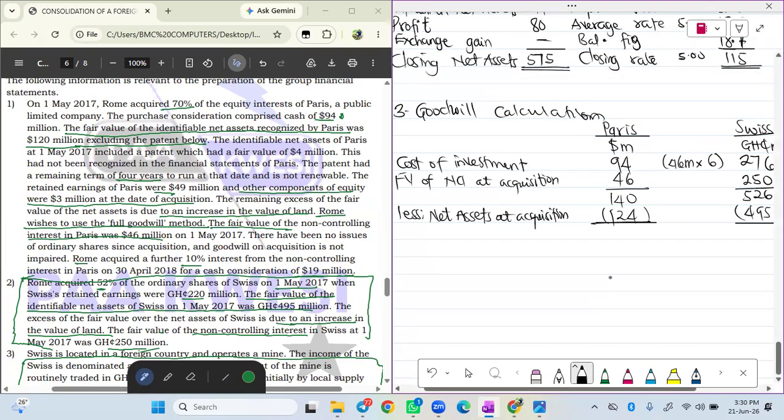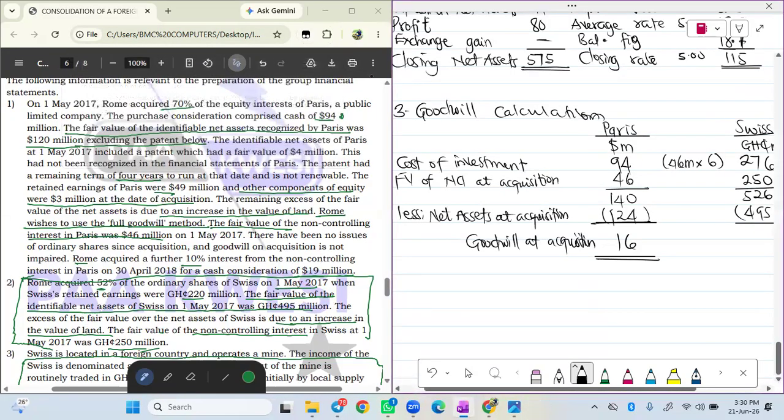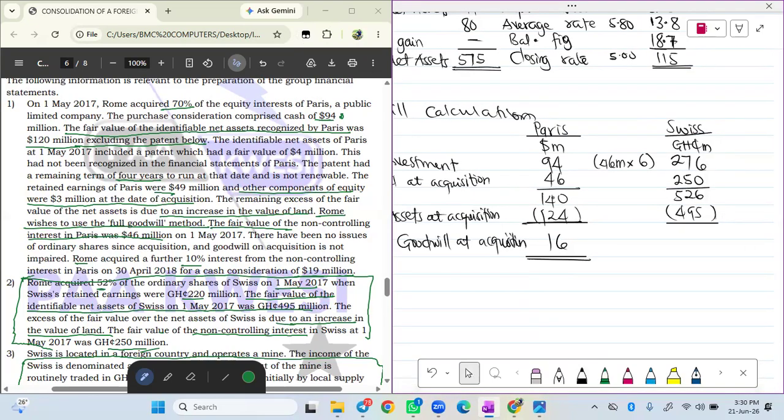So what will be the goodwill at acquisition? $16 for Paris. How about Suez? 31.